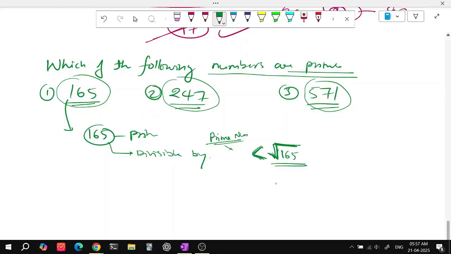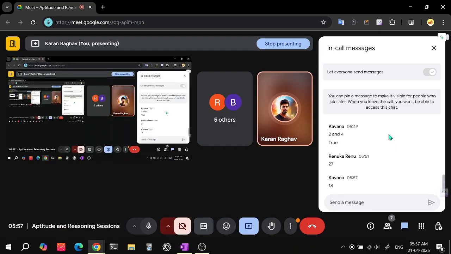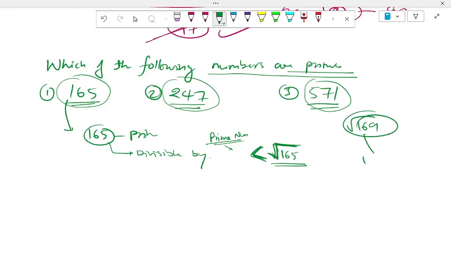Anybody, what is root of 165? Can you tell me what is root 169? Root 169, 13. Yes, root 169 is 13.